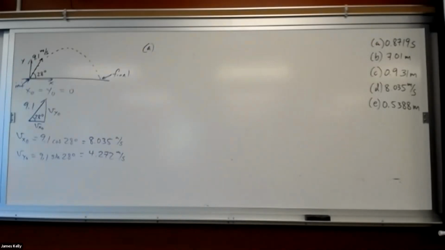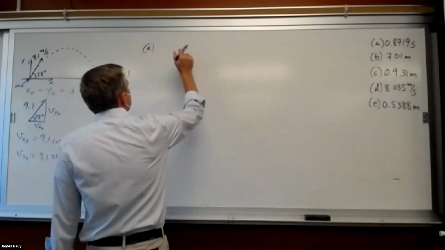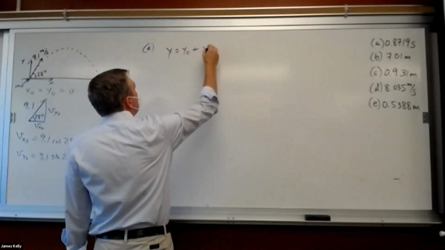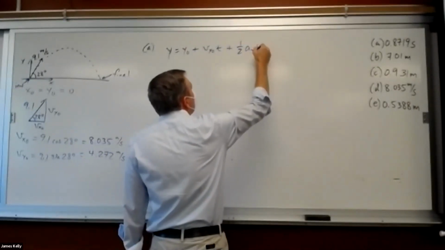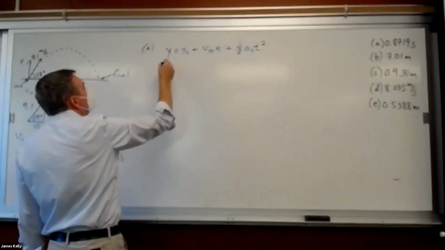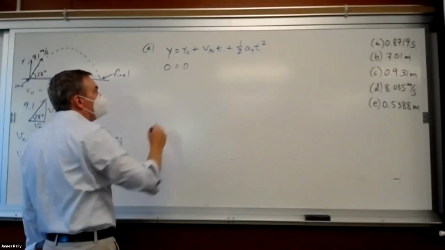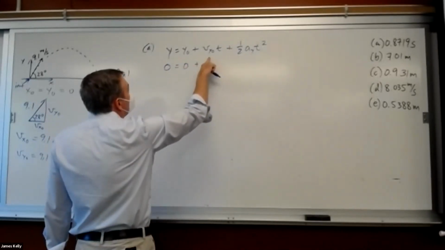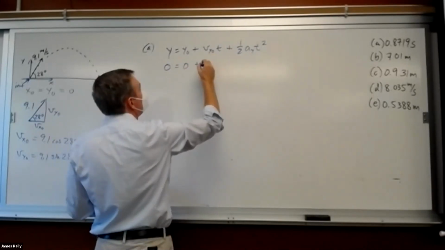Let's write it down and plug stuff in and see if there are any unknowns left except T. Y equals y0 plus vy0 t plus 1/2 ay t squared. It ends at y equals 0 in my coordinate system. It starts at y equals 0 in my coordinate system. Its initial y velocity is 4.272.